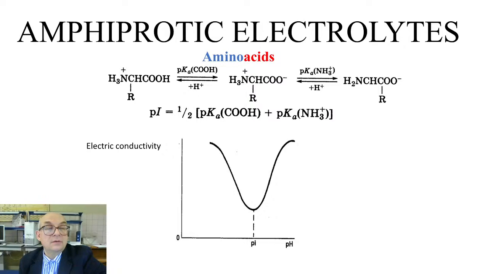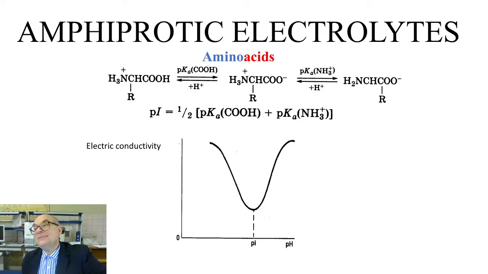The COOH group is a typical donor of hydrogen ion. And the amino group NH2 is a typical weak basic group, a weak acceptor of proton.